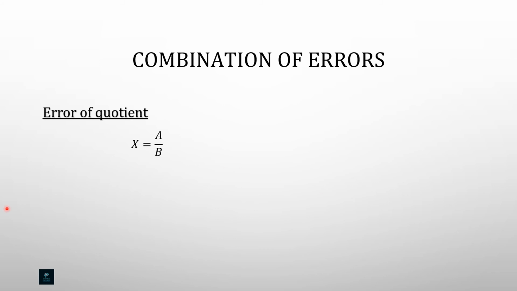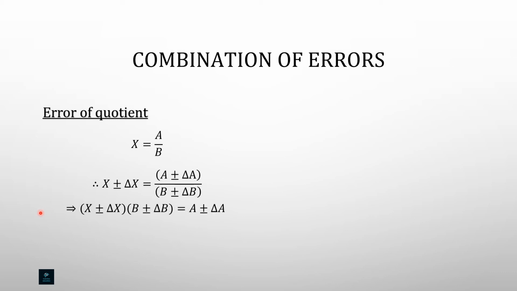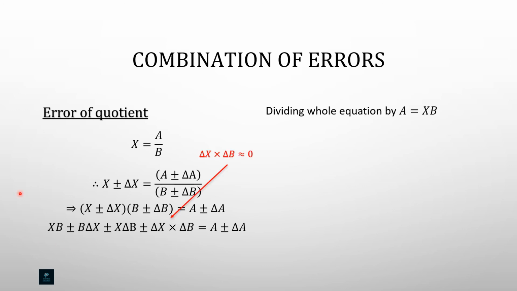That means x is equal to A by B. We can introduce the errors and get x plus minus delta x is equal to A plus minus delta A divided by B plus minus delta B. We can take the cross products and get x plus minus delta x times B plus minus delta B is equal to A plus minus delta A. We can expand it and get xB plus minus B delta x plus minus x delta B plus minus delta x times delta B is equal to A plus minus delta A, and we can neglect the expression delta x times delta B, as it involves the product of two small quantities.